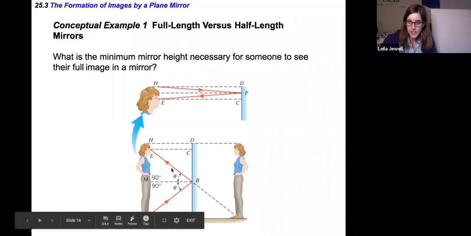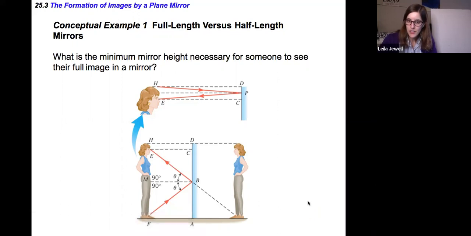And we could see that in the image, right? The light ray would go in a straight line down to the feet, where the person is at an equal distance behind the mirror as the person is in front of the mirror. If it looked any lower than point B, they'd just be seeing the carpet in front of the mirror, which isn't as helpful.